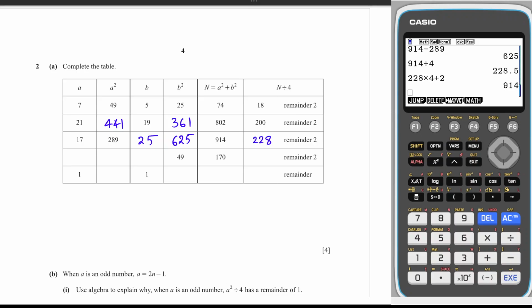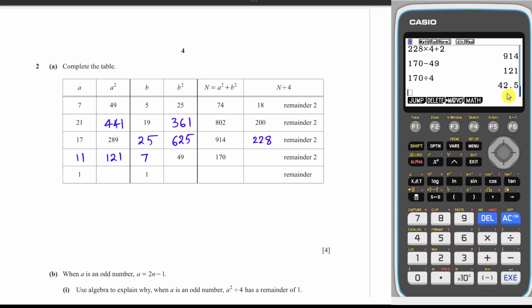Similarly here, this b square is 7, so 49, 170, and 170 minus 49 gives me 121. Square root of that is 11. And again, I'm expecting the remainder to be 2. So 170 divided by 4 gives me 42.5.